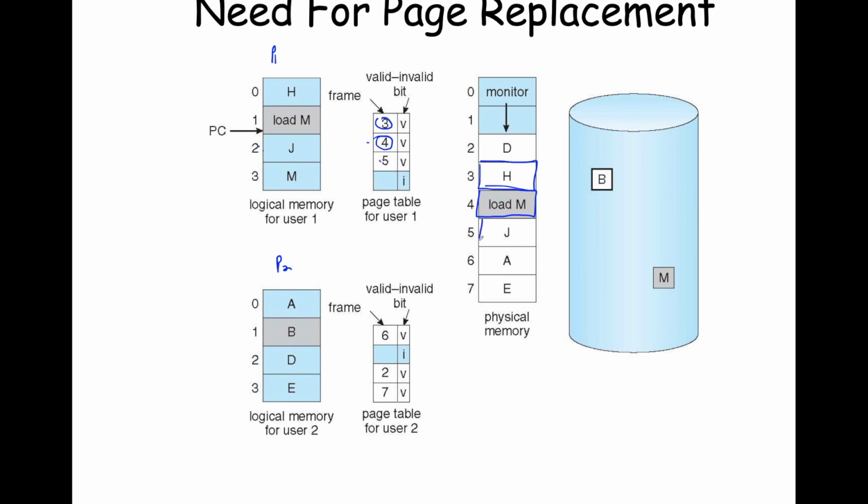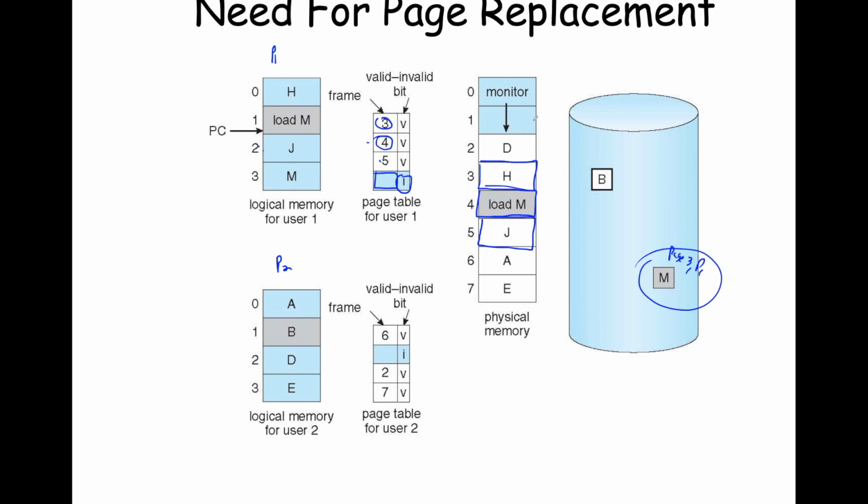We go to frame 5, there's our J. And then lastly, page 3: we go to entry 3 in that page table and notice that it's empty. We look at the valid bit, it's set to i, which means it is currently not loaded into a frame in memory. But if we look on our backing store or swap space, we see the contents of page 3 for process P1 is right here.